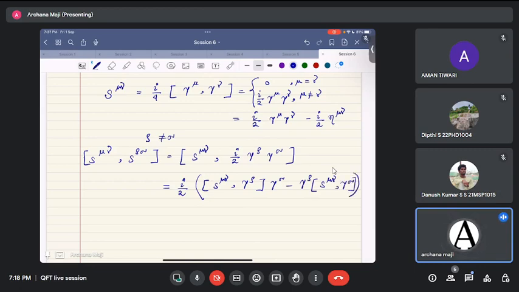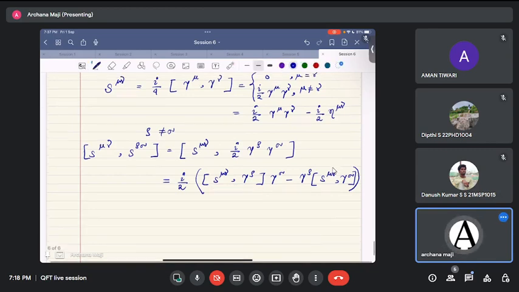So let's figure out what this commutator is. S mu nu gamma rho, what is that?